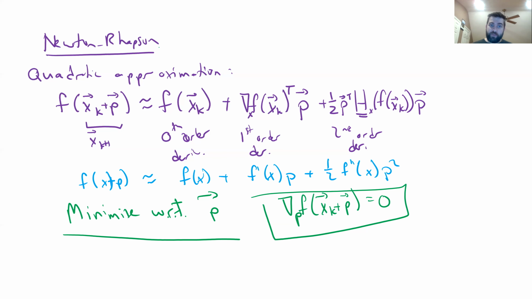What are we trying to do? We have a very, very simple function of P. There's a constant term, a linear term, and a quadratic term.